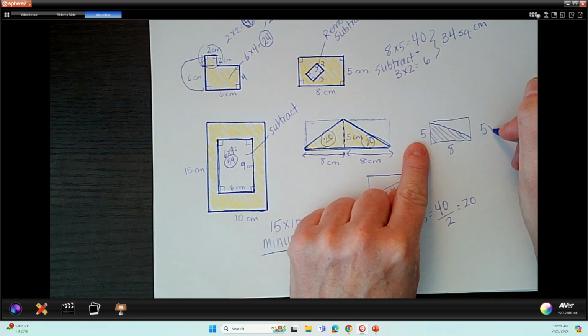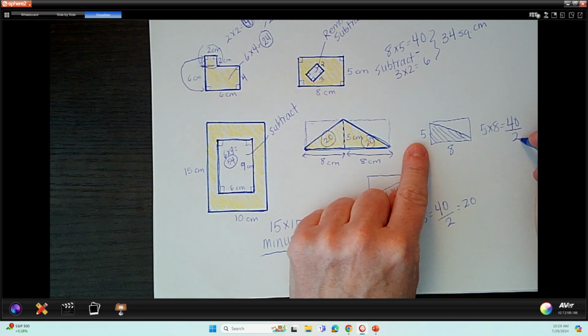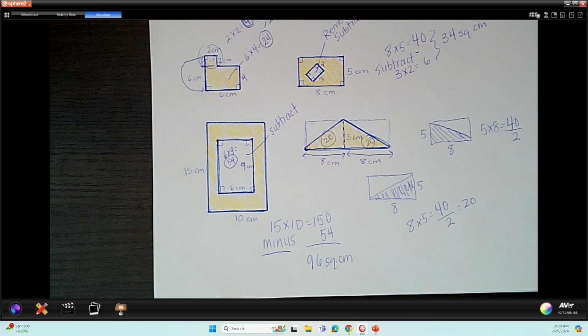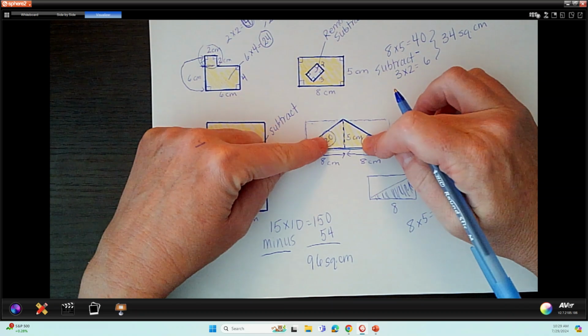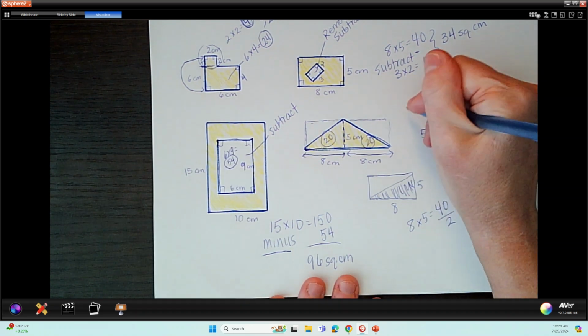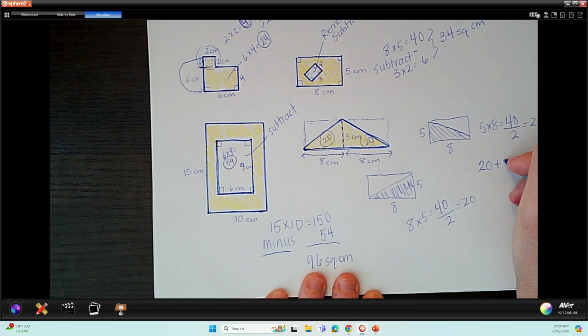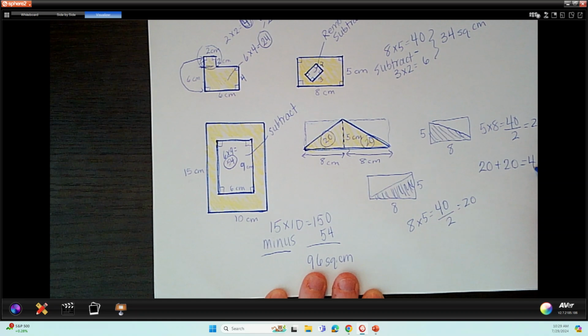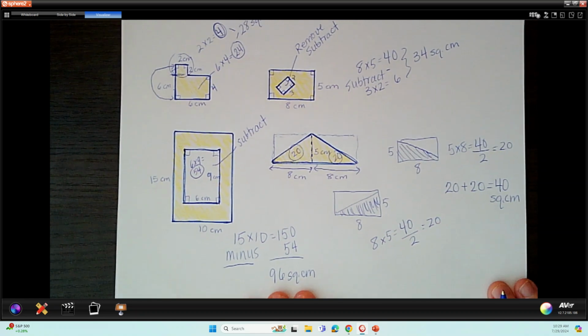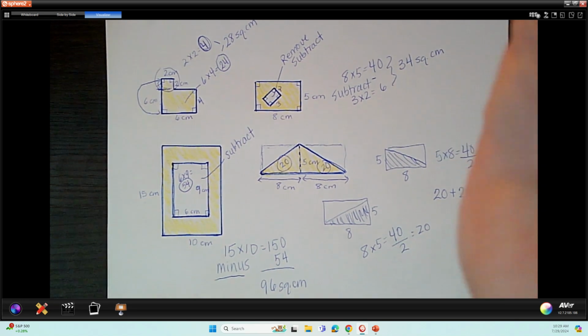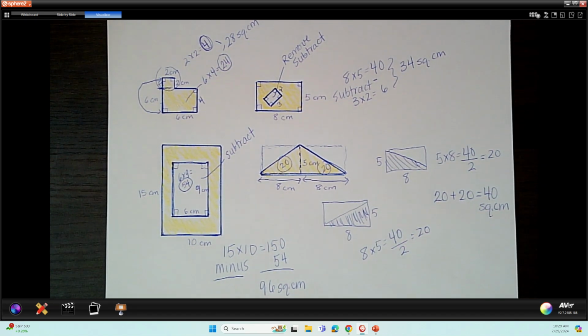So 5 times 8 is equal to 40, but I need half of it, so I'm going to divide by 2, and that would equal 20. So together, these two triangles, the yellow triangles together, 20 plus 20 is equal to 40 square centimeters. Okay? So there you have it. Questions 1 and 2 of practice problems, lesson 3.